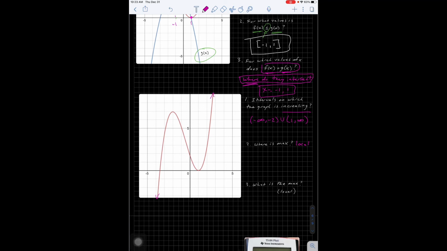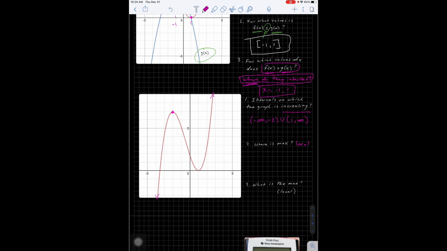But we can look at what's called a local maximum, and that's just where there is a high point in this part of the picture. You'll define that formally in calculus later, but for now that's our definition, just where's the high point in this area of the graph. And we'll be talking about local maximums when we're doing these problems. So I go, well, let's see, here's the high point.